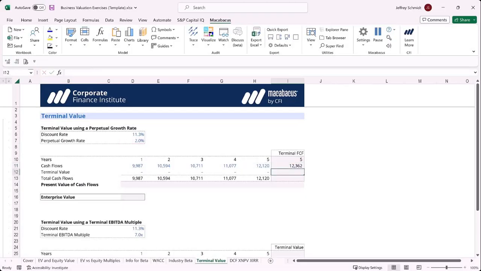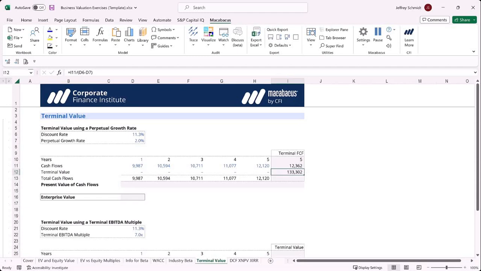Then in order to get the actual terminal value, we take that cash flow, divide it by our discount rate or WACC minus that perpetual growth rate. And we arrive at 133,302.